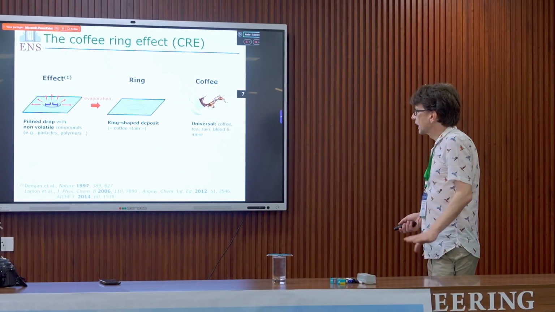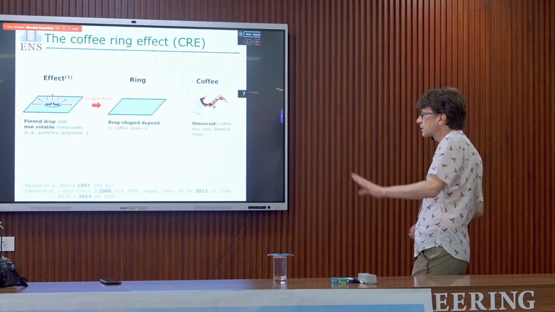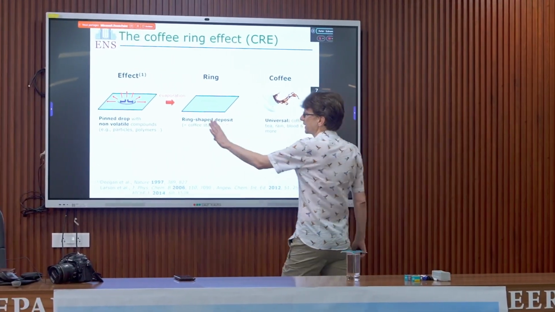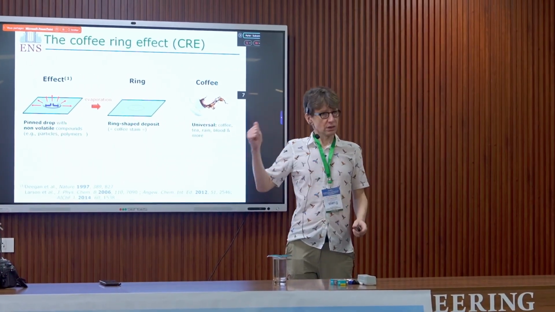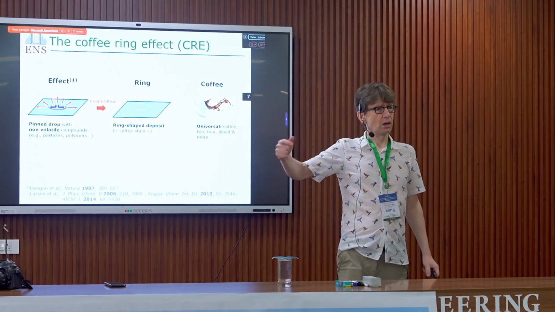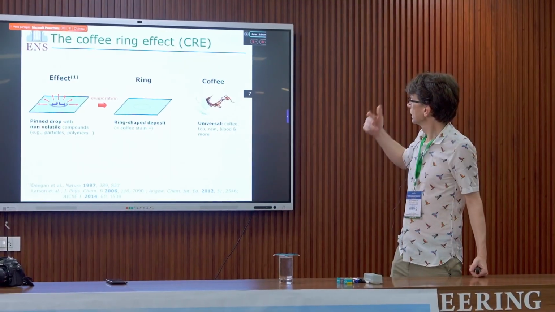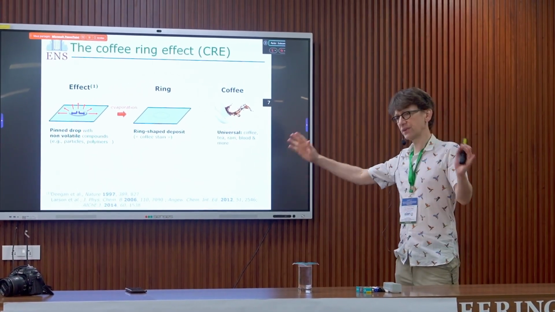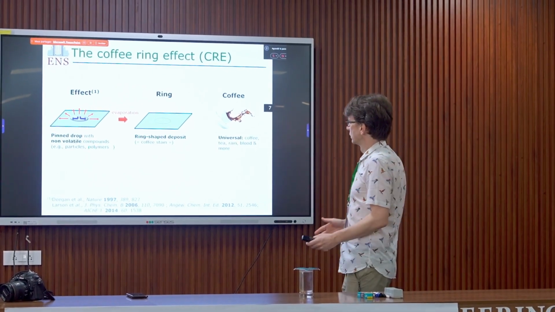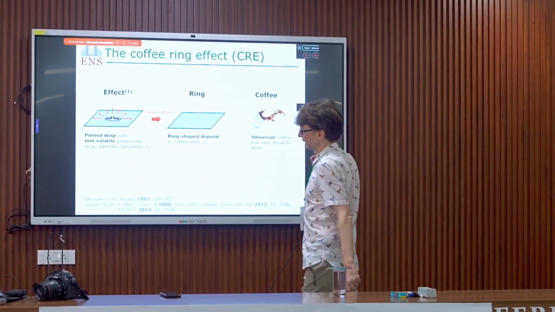But as soon as you satisfy this condition of having a pinned drop, you will have the coffee ring effect. Tears, raindrop, paint, ink, wine, coffee, tea, blood, all these fluids will do a coffee ring effect in such a situation.